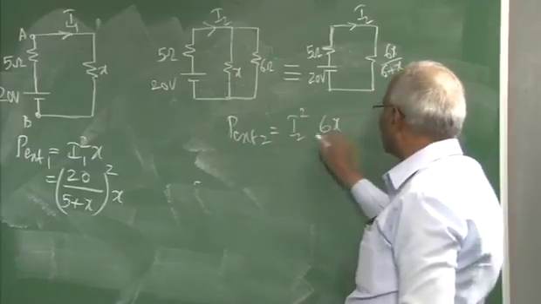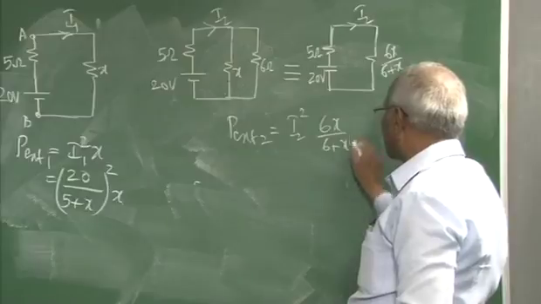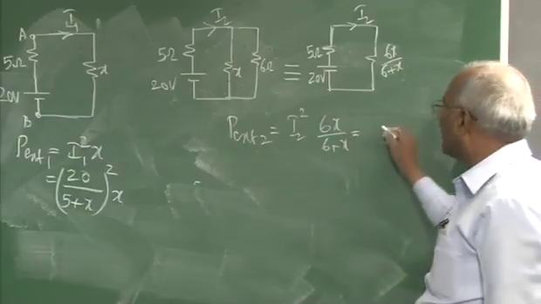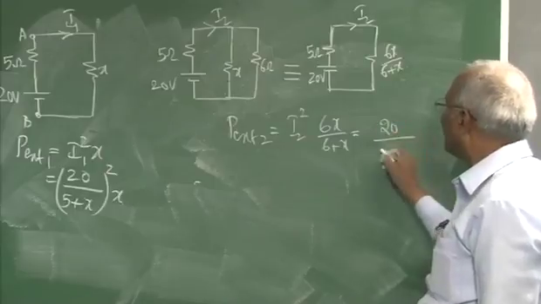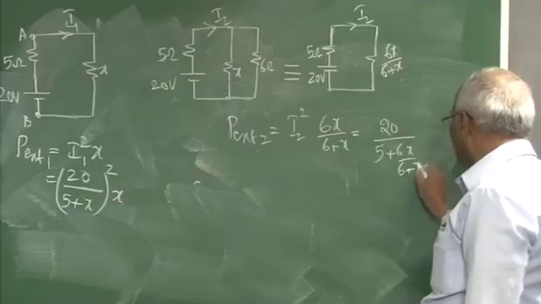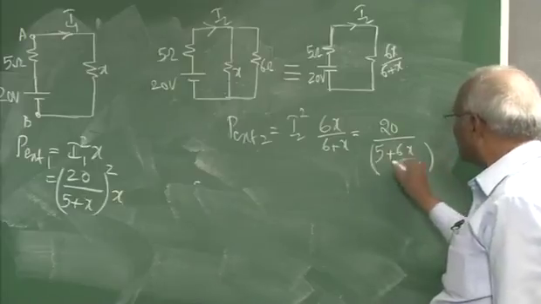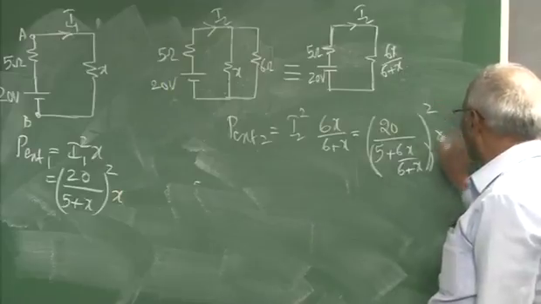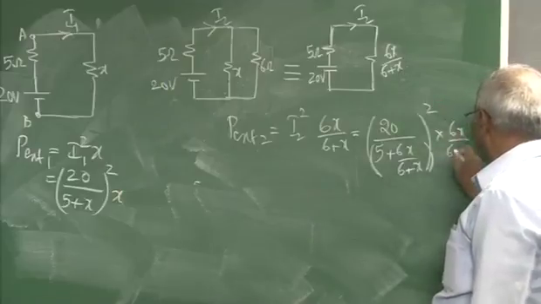That is nothing but 6x over 6 plus x. What will this I2 be? It will be 20 divided by 5 plus 6x over 6 plus x, whole squared, into 6x over 6 plus x.